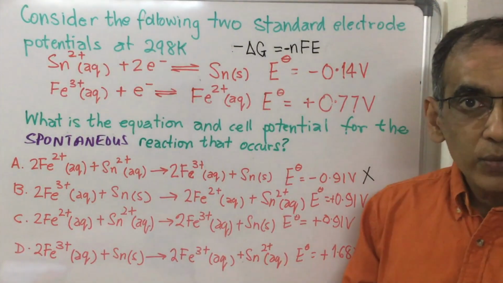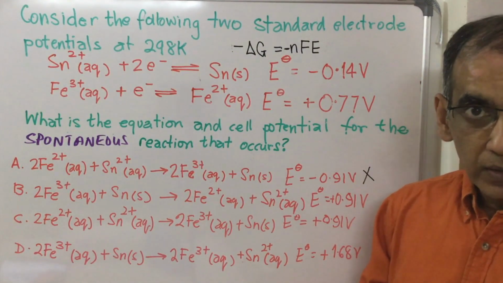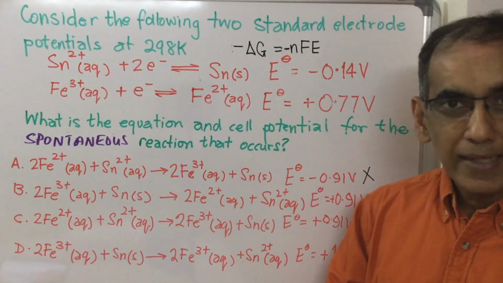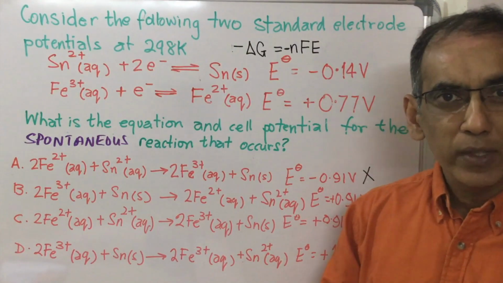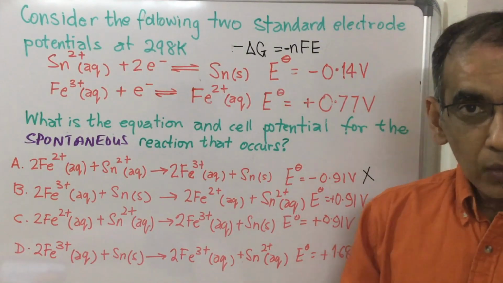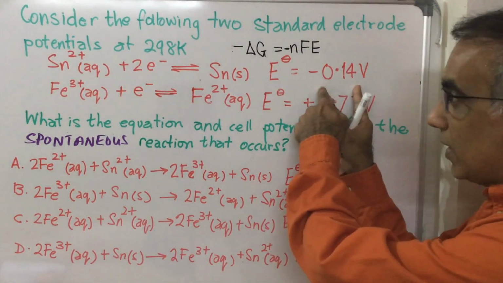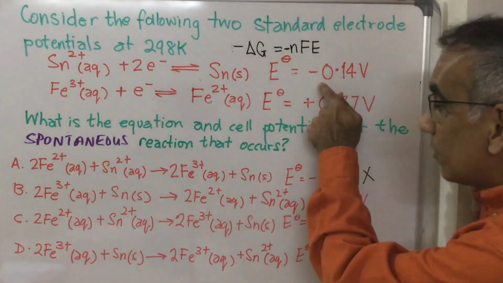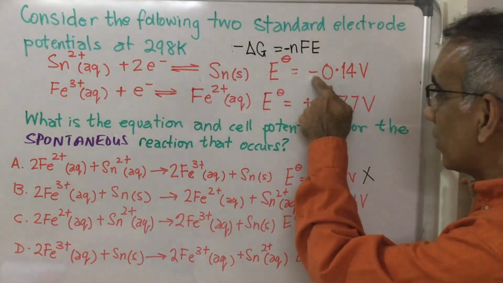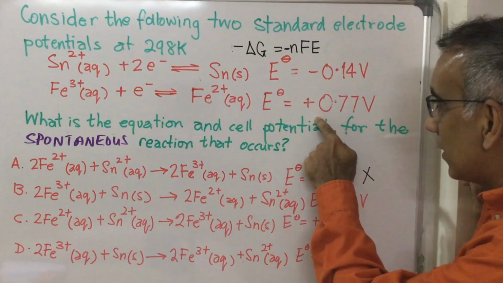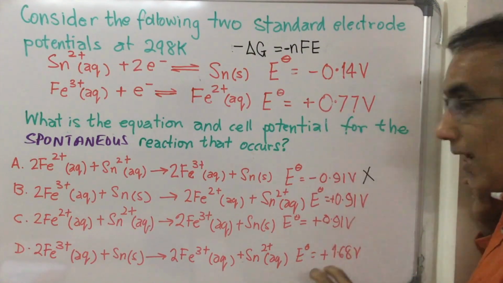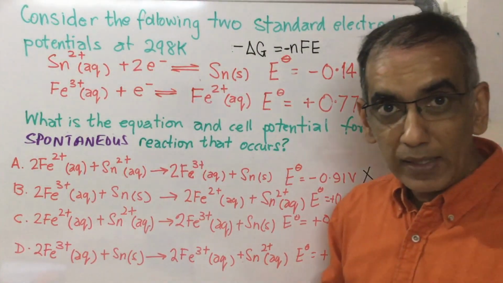And then all you do now to find the cell potential, there's no need to worry about right-hand electrode, left-hand electrode, anode and cathode and all of that procedure. All you need to do, reverse this because it's oxidized. This becomes positive. And then positive 0.14 plus 0.77 gives an answer of positive 0.91.